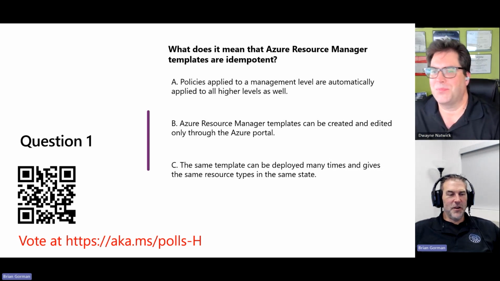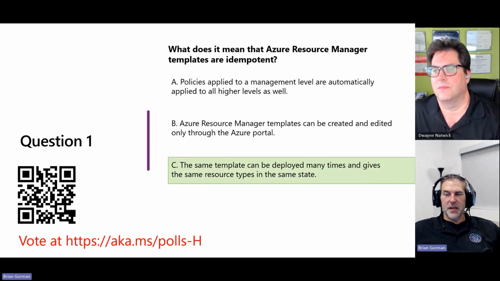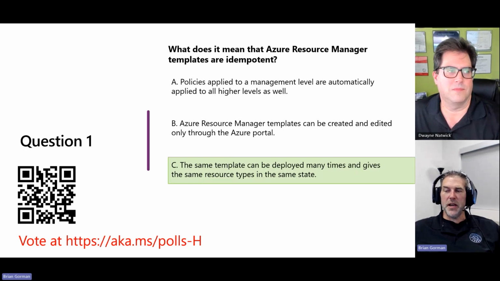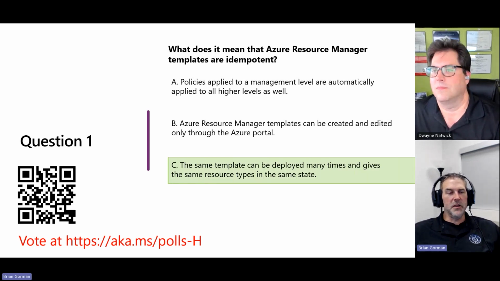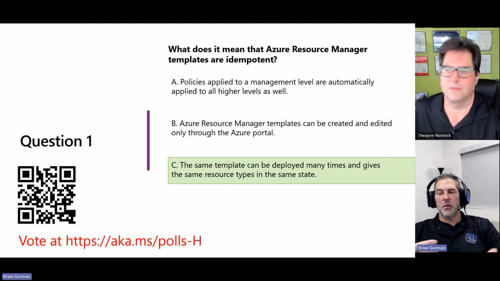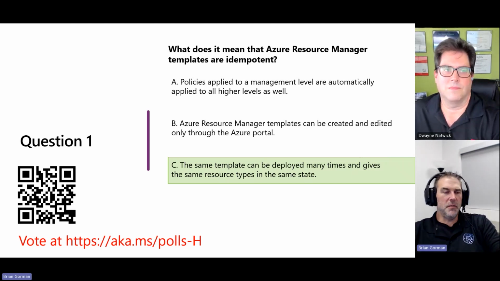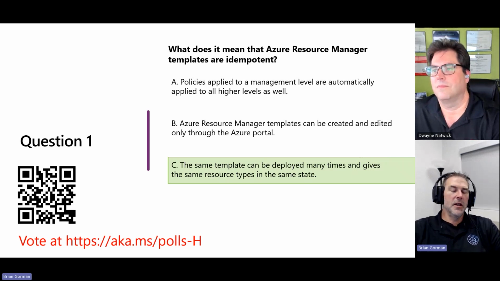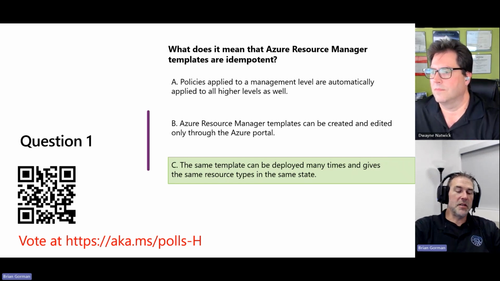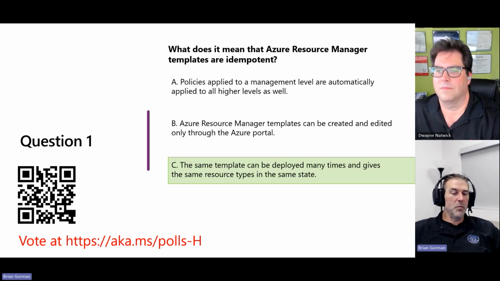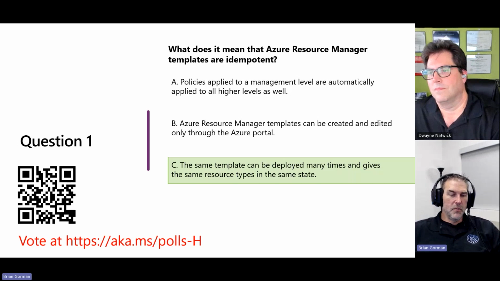Okay, here we go. The answer is C. The same template can be deployed many times. It gives the same resource types in the same state. And you'll see the same term of idempotent when we're talking about SQL Server running queries. If I want to make a stored procedure, I need it to be idempotent to do the same thing every time. As long as I give it the same inputs, it gives me the same outputs. The same thing with our templates. They're idempotent, meaning the same one can be run and it's safe to do without much fear of anything going horribly wrong.